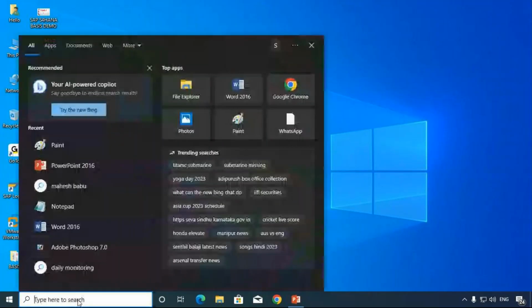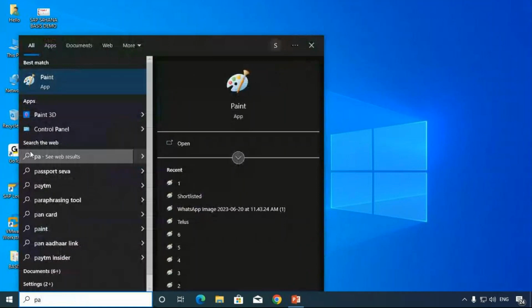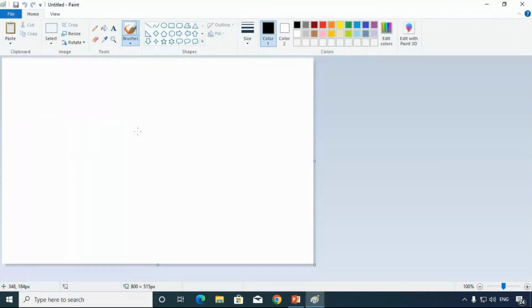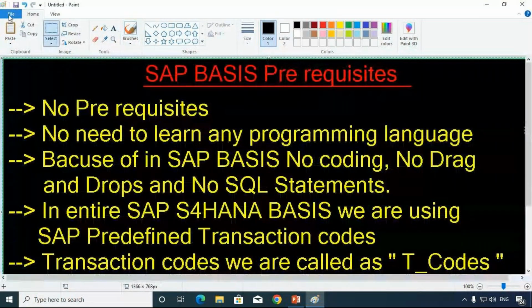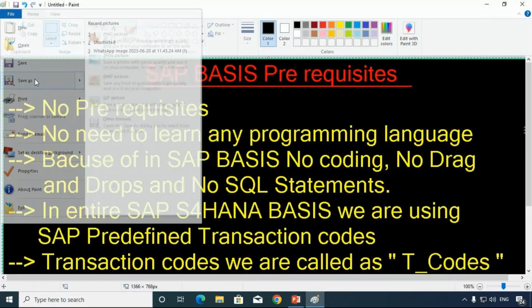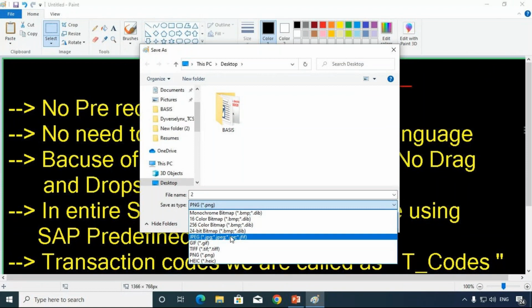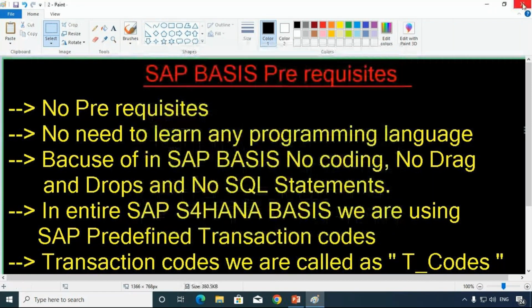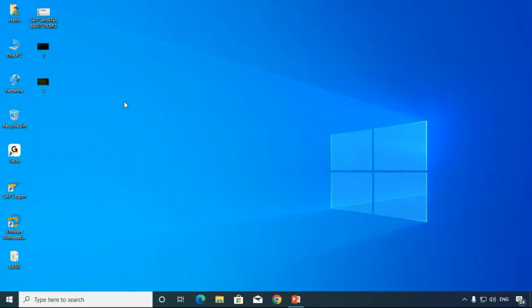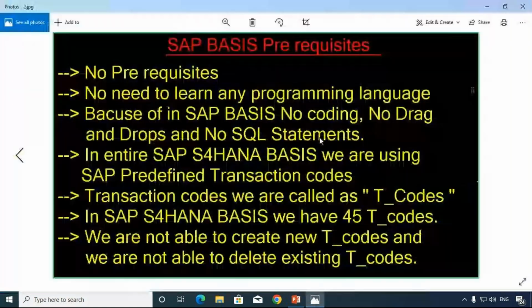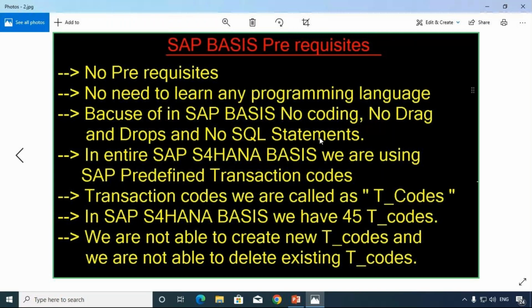So this is why SAP basis only. Why not other modules? If we take ABAP, we need C++, COBOL. So why SAP basis? SAP basis is totally administration. It's not development.